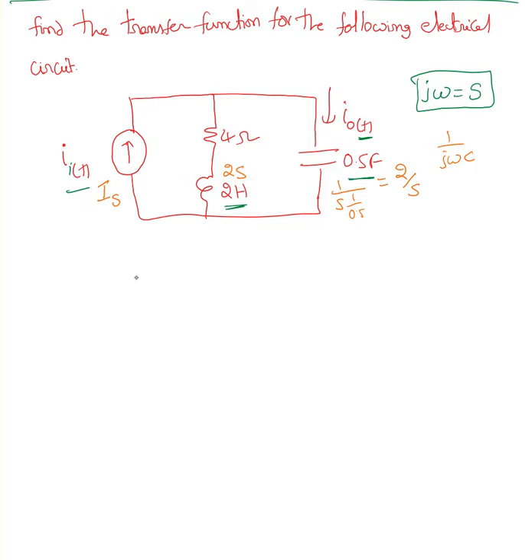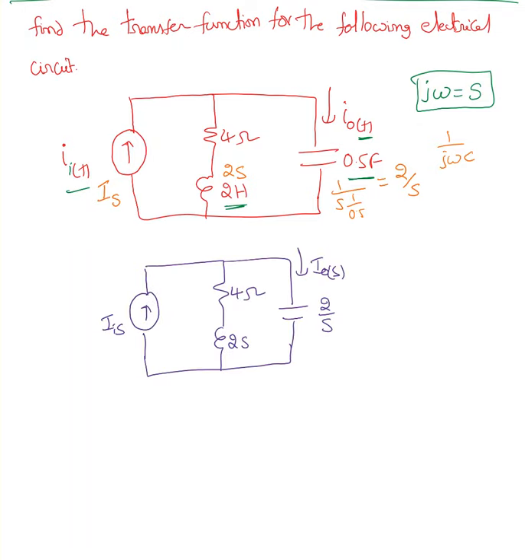So in step 1, what we did, we converted the given circuit into frequency domain. Here is the frequency domain circuit. It's similar to the time domain circuit. All you see is the difference is everything is in S domain. Here we are finding the transfer function. Transfer function is nothing but output over input.